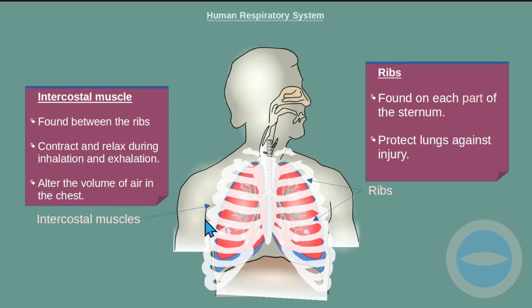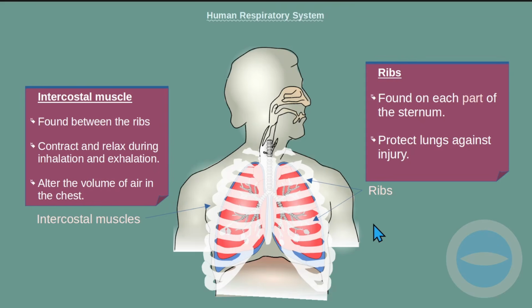They work together with the diaphragm to take air in and out of our body, and they alter the volume of the air in the chest. This alteration of the volume is what causes air to get into our body or get out of our body. So these are the functions of the ribs and the intercostal muscle.